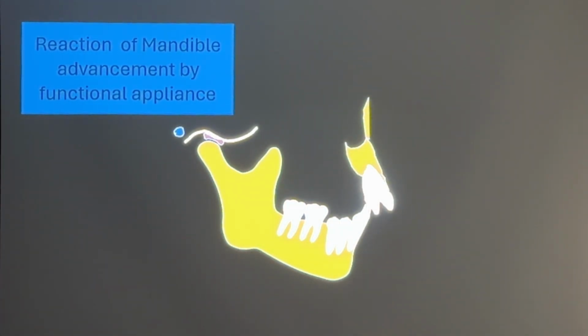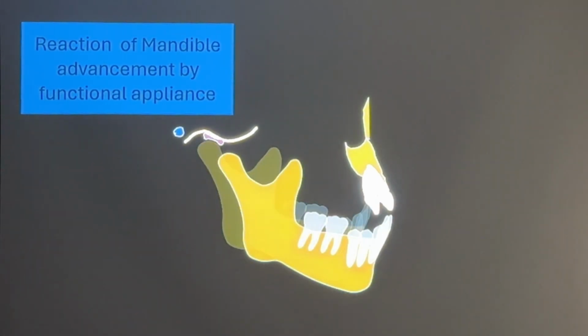Please think about the lower lip screen. Buccally, the long screen wire will push out the lower muscle a little. So you need to control the lip pad here, okay?